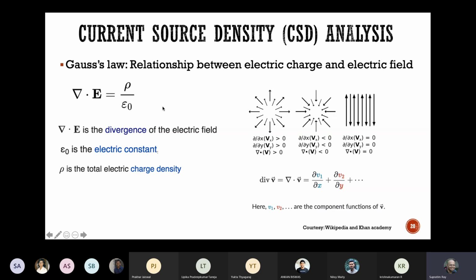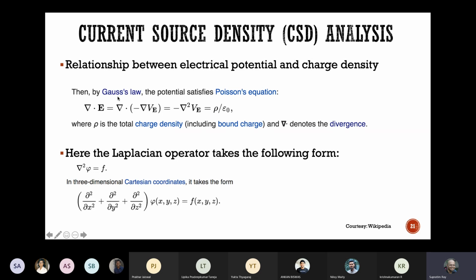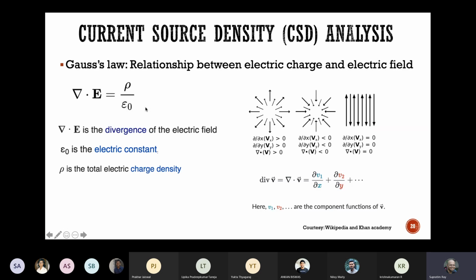Okay, so if you put these two together, you get what is called Gauss's law, which is that the charge rho that you're interested in is nothing but the negative of the double derivative of the voltage. This thing is called the Laplacian operator. It's just the dot product of the gradient. So I've just put these two together, nothing else.